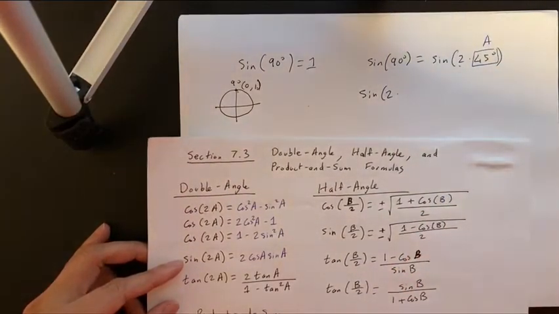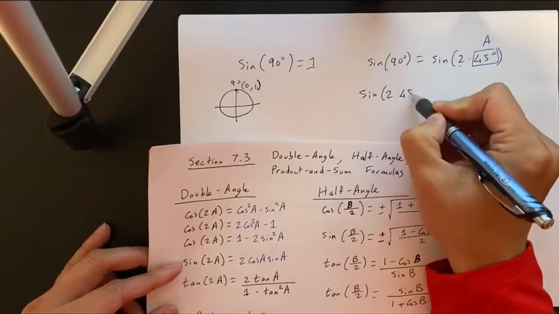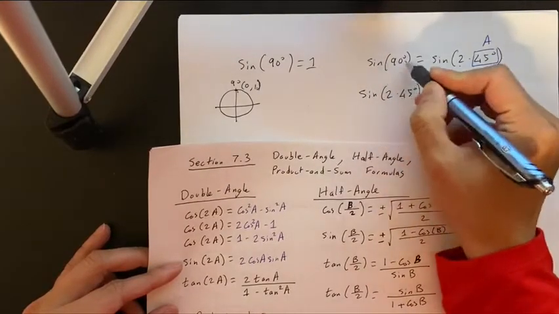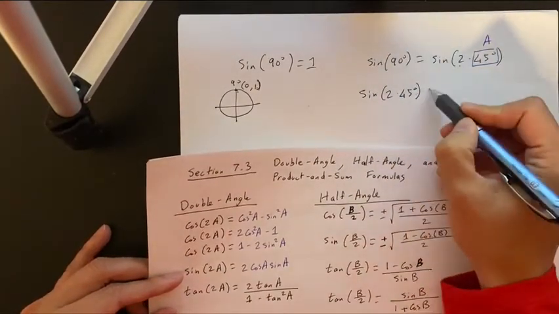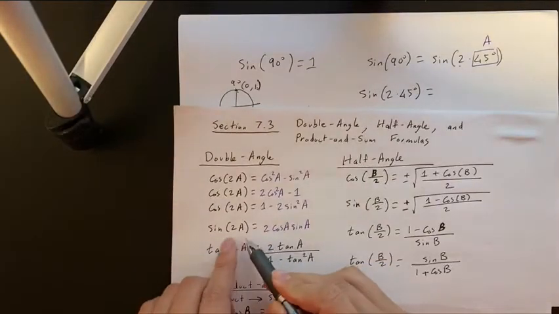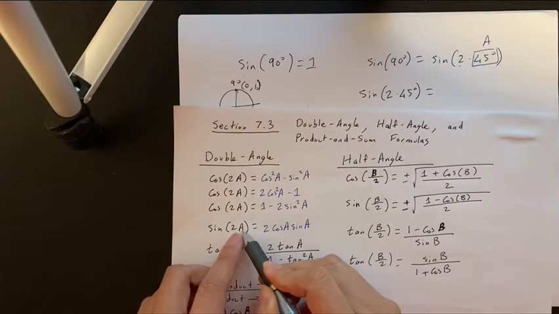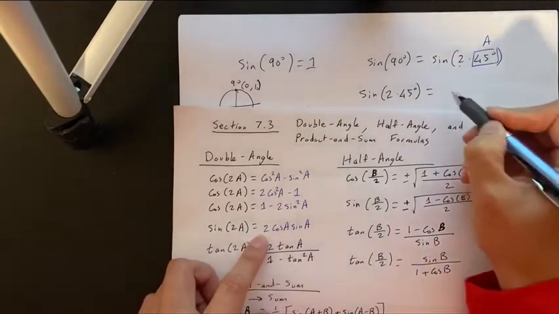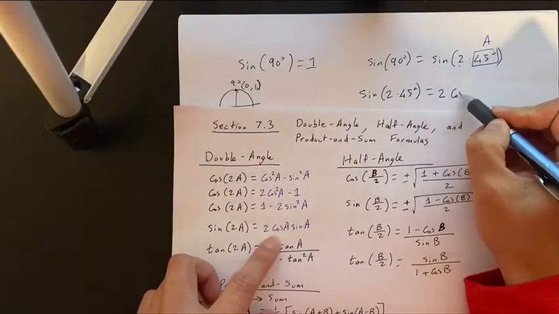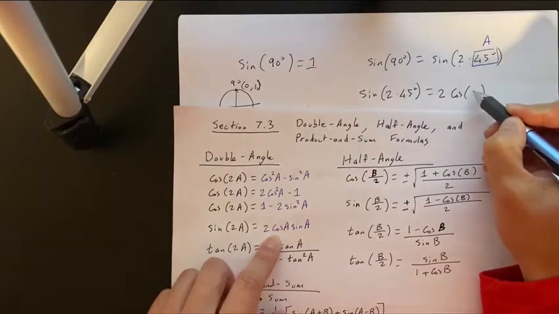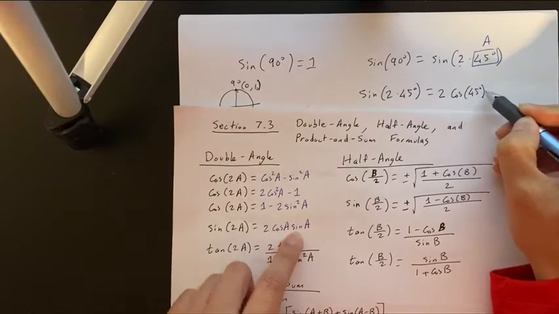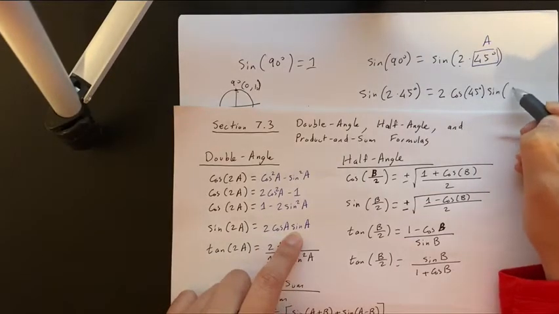So then sine of 90 is sine of 2 times 45. And according to my formula, if you have sine of 2 times a, it's going to be equal to 2 times cosine of a, which is 45, times sine of a, which is 45.